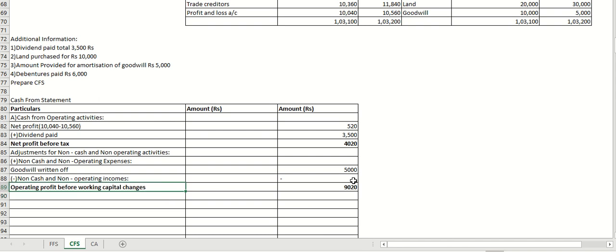So this operating profit before working capital changes is 9,020. Now what we will do, we will add the decrease in current asset and increase in current liability.